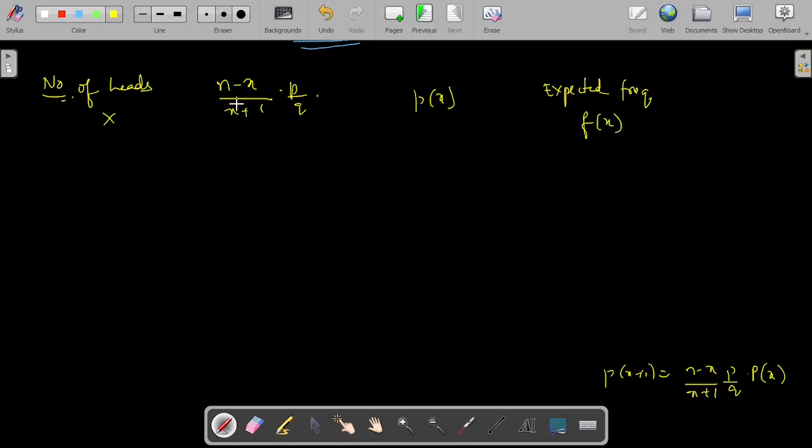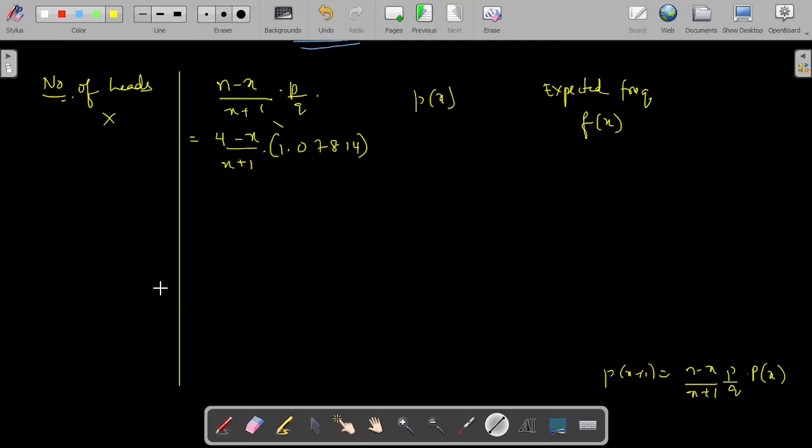So number of heads, here let me simplify. N is 4 minus x by x plus 1 into P by Q. P is 0.5188 by Q is 0.4812. After simplifying, we will get it as 1.07814. Okay, this is one column, and this is another column.